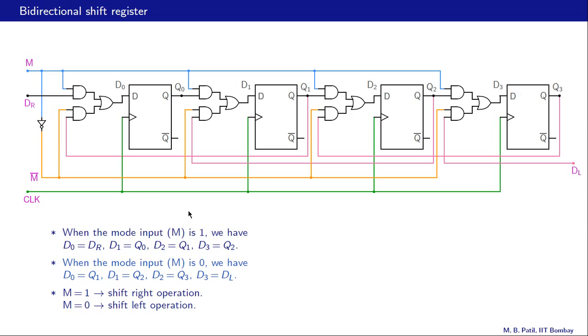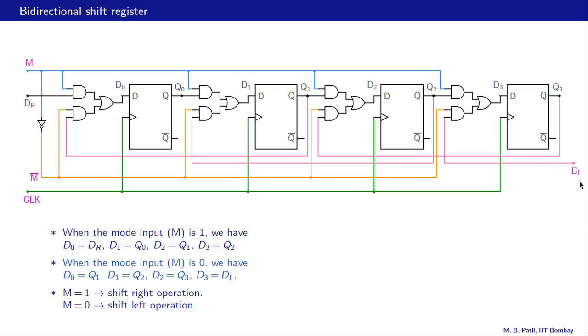What about M equal to 0? If M is 0, then the output of this AND gate is 0, and then this D in that case is the same as Q1, and similarly we will find that this D1 is the same as Q2, D2 is the same as Q3, and D3 is the same as DL.